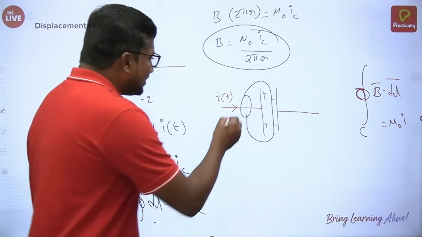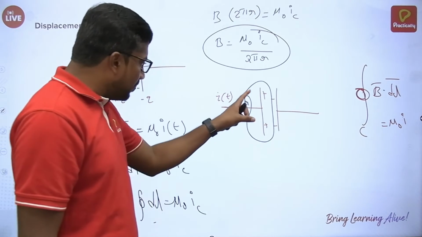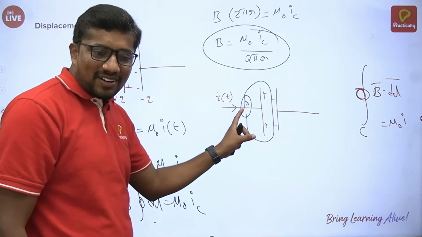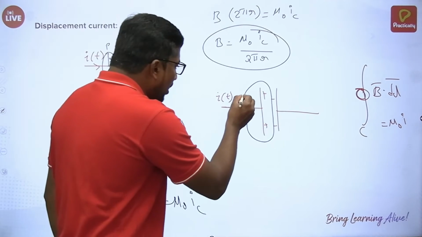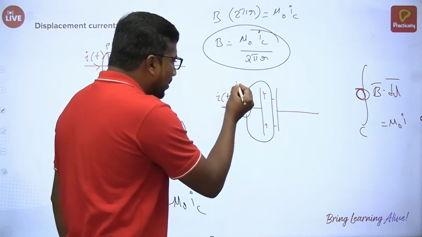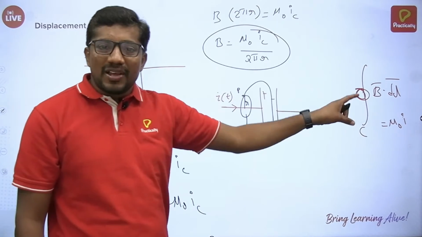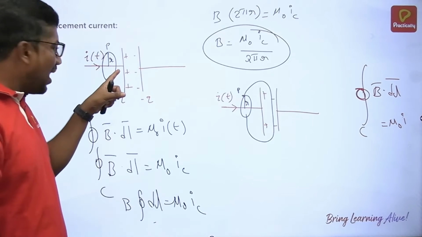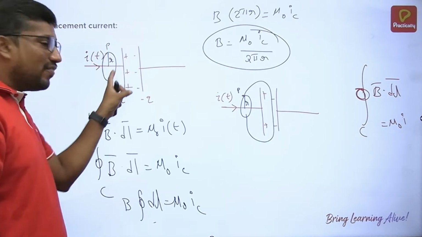And the radius of this circular path, whatever you are able to see here, let it be r, the same one. And at the point P, again I am going to calculate the magnetic field. But in the previous case, when we applied this law, we got a magnetic field which is constant everywhere in this loop.